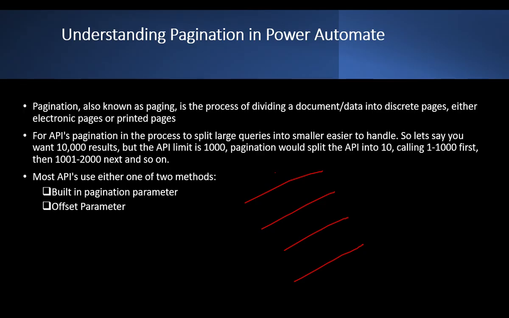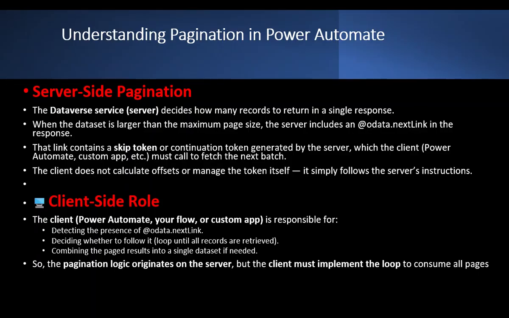There are some settings in Power Automate which, if you enable them, will send the data in multiple pages. This is like server side pagination. The server decides how many records to send in a single response. When the data set is larger than the maximum page size, the server includes an OData next link attribute, which I will show in the demo.